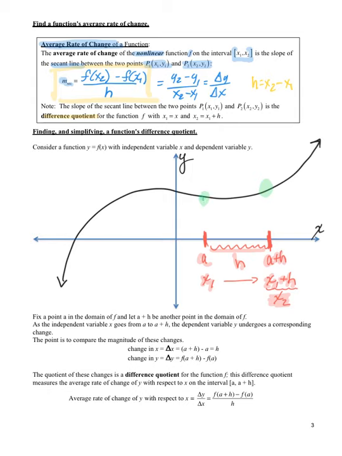So here I have a point. That point is going to be A and the function evaluated at A, or I could call it x sub 1 and the function evaluated at x sub 1. So its height is the function evaluated at x1, or the function evaluated at A.